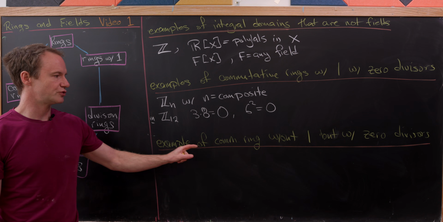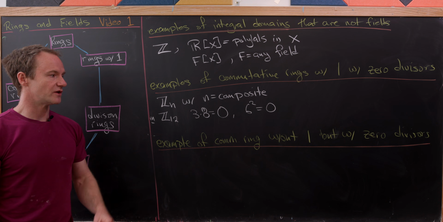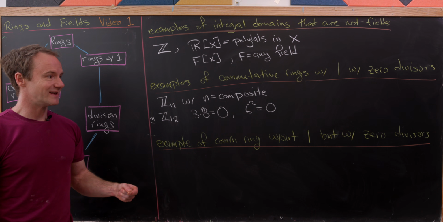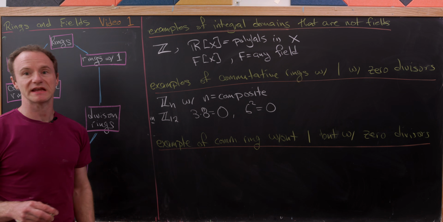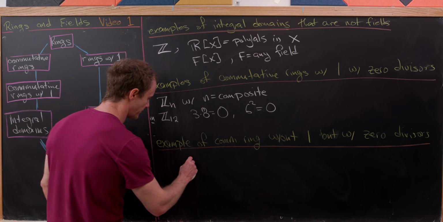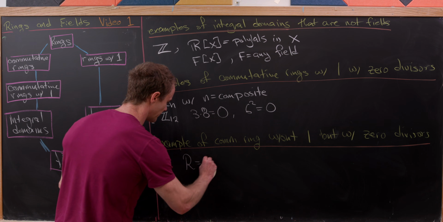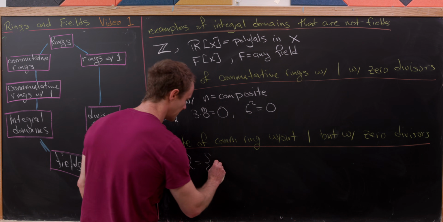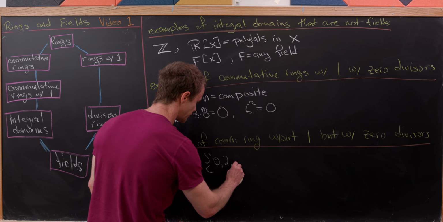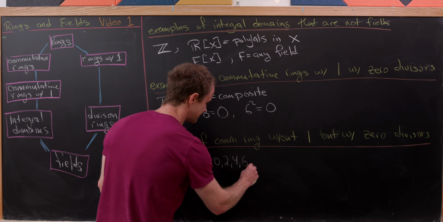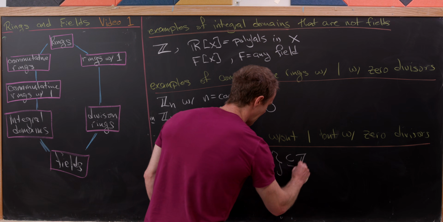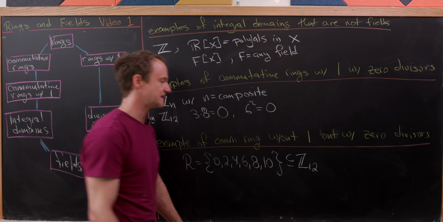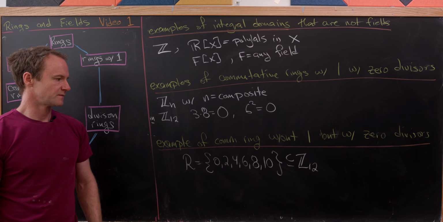Now let's go down here to a commutative ring with no 1, but that does have zero divisors. I think you have to get goofy here, but perhaps the following set. I'll call this R for our ring, and let's have it be 0, 2, 4, 6, 8, and 10, seen as a subset of Z_12.